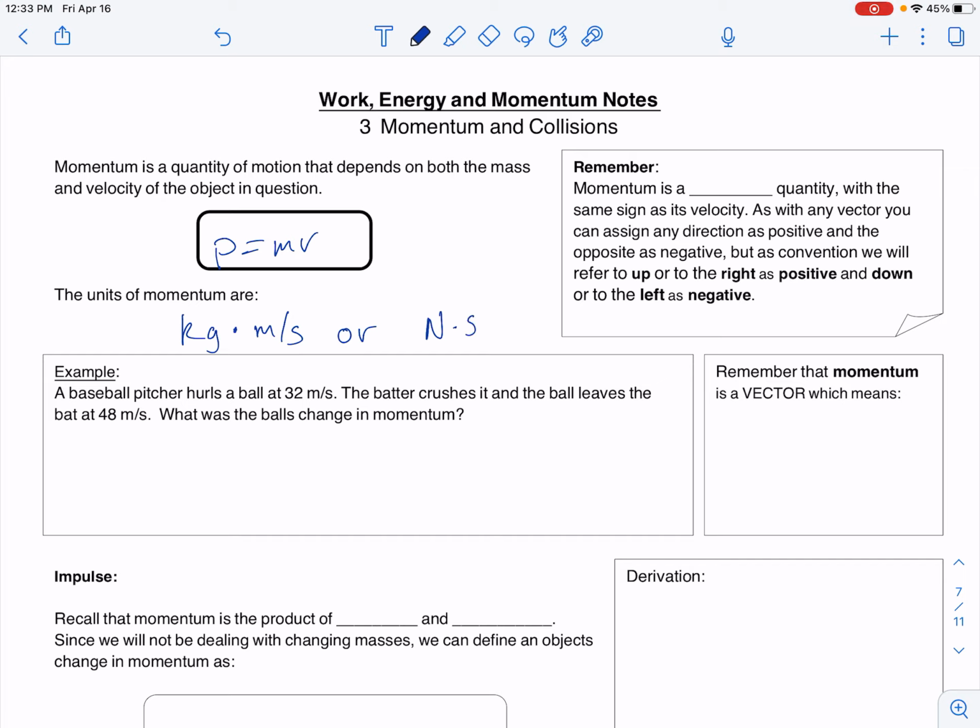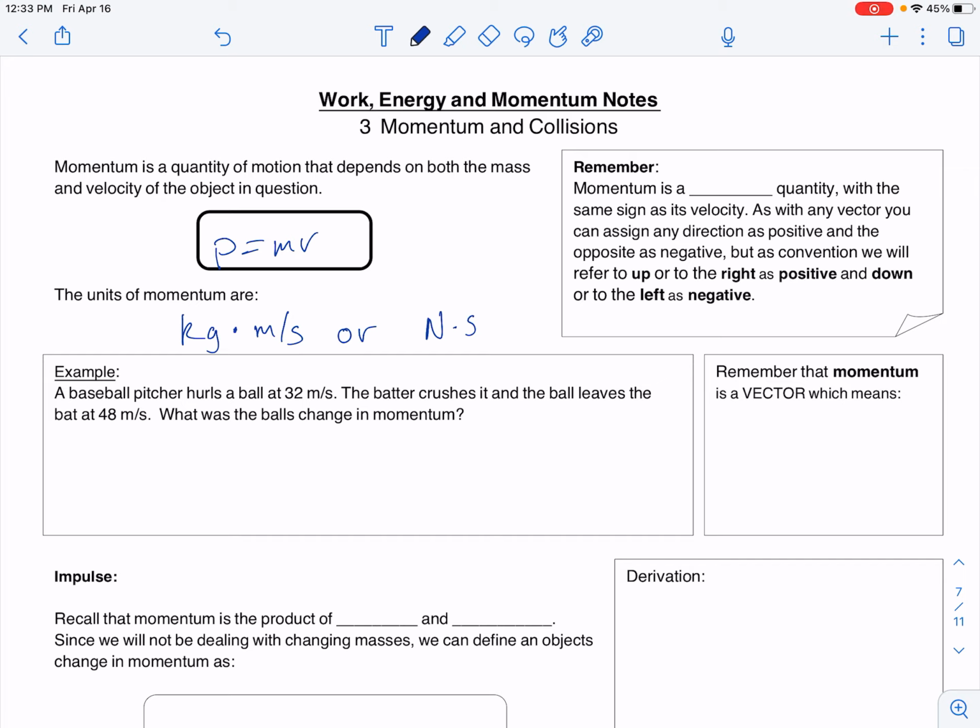Because again, kilograms times meters is going to be newtons, over seconds, or times seconds. Anyways, just not an easy unit here. So who knows? If you guys contribute a lot to the physics field, maybe they can create a new unit for momentum named after you.